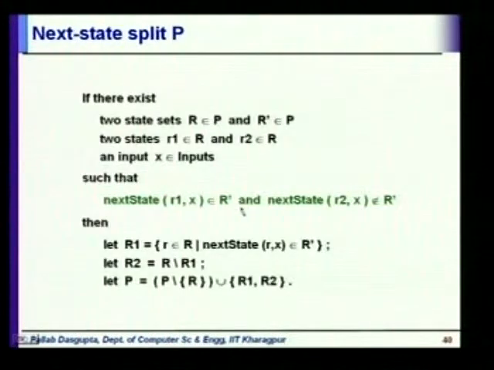Similarly, we do next state split, where if the next states are not the same, in other words, if one next state belongs to R dash and the other next state does not belong to R dash, then we split it up based on the next states exactly in the same way, right.